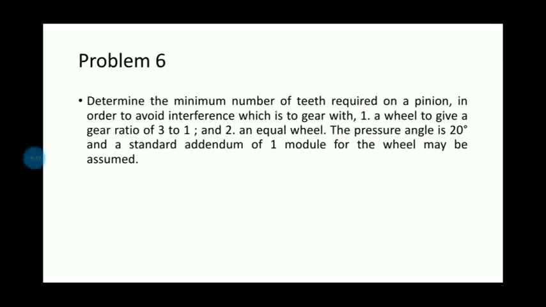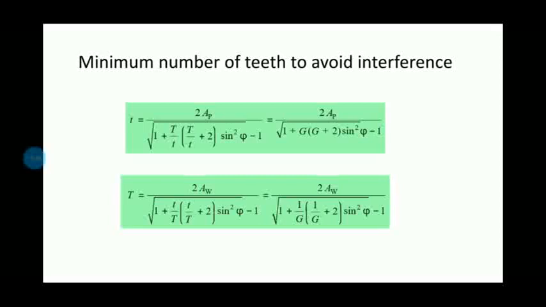What's the question? Determine the minimum number of teeth required on a pinion in order to avoid interference, when it is to gear with a wheel to give a gear ratio of 3 to 1, and to an equal wheel. So in the first case T by t is 3, in the next case T equals small t. It is a direct question, just substitute in this.